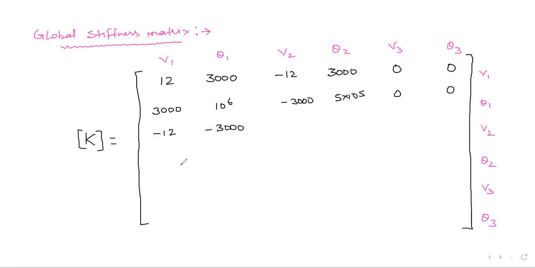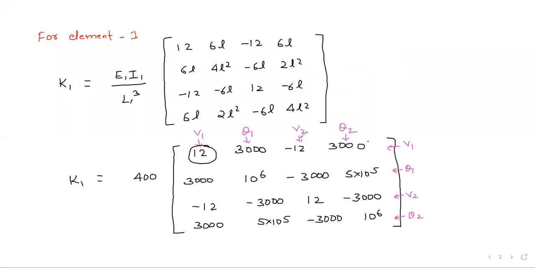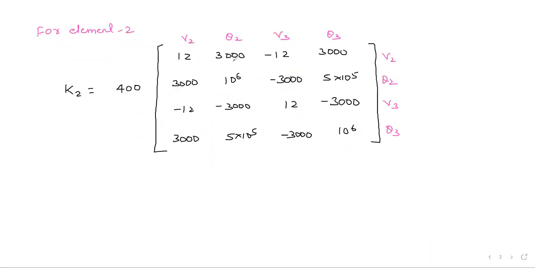Okay. Then again here if you see V2 V2. Now we come to V2 V2. Where will we have V2 V2? See V2 and V2, we have this 12. See V2 V2 12. Similarly we will get here also V2 V2 12. So we will add 12 plus 12. What will be that value? 24, right?